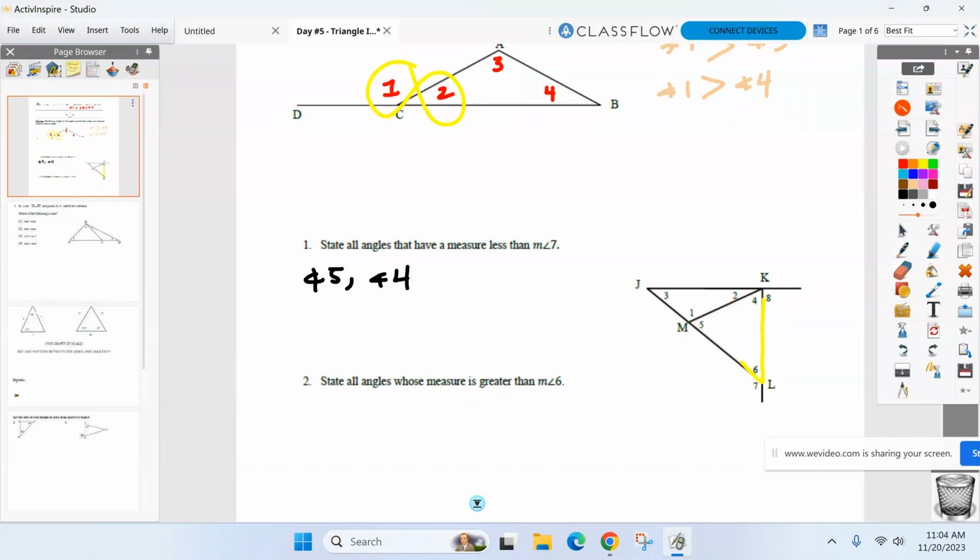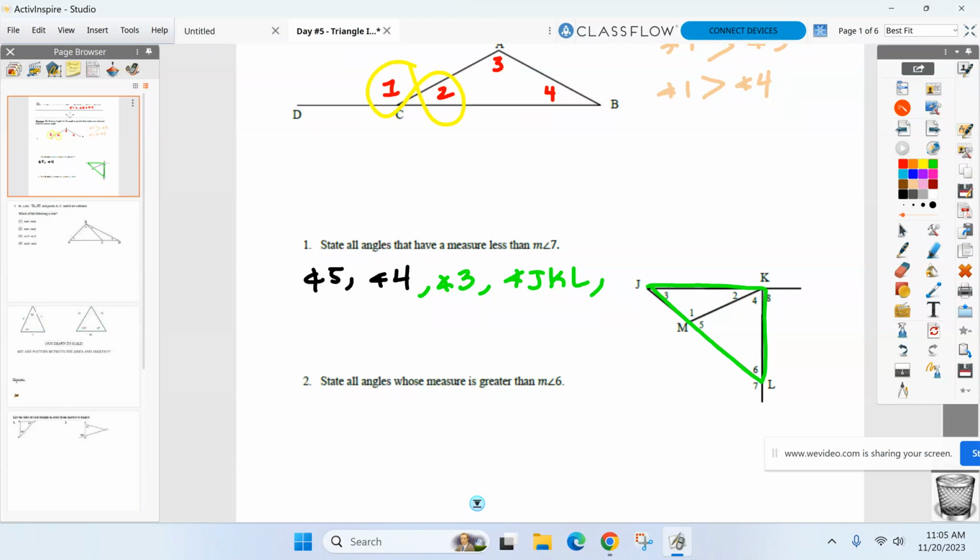Go to a new triangle that has 7 as exterior. Triangle JLK, where 7 is exterior. One of the remote interiors is 3. The other remote interior is JKL. So all I've done is list 4 remote interior angles. All good so far. So where did I come up with the 5th?